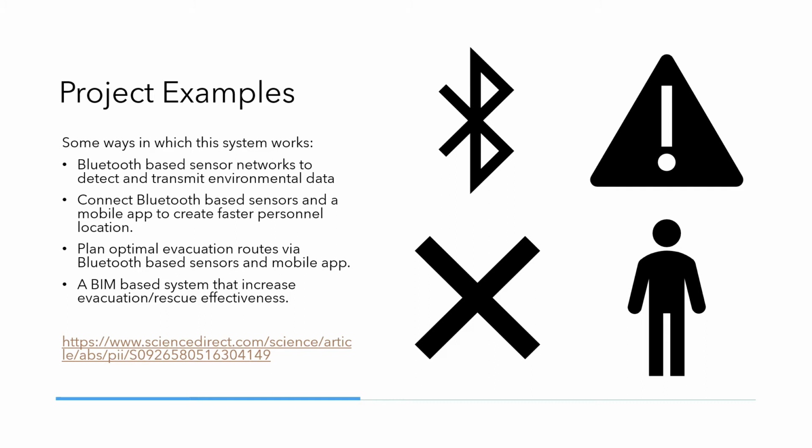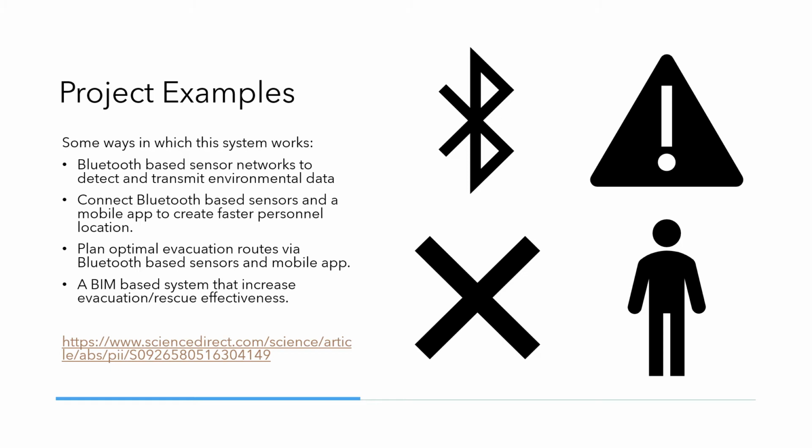However, by combining building information modeling and wireless sensor networks, we can increase the accuracy and effectiveness of disaster response teams. This study discusses how Taiwan implements building information modeling to construct an intelligent fire prevention and disaster relief system.